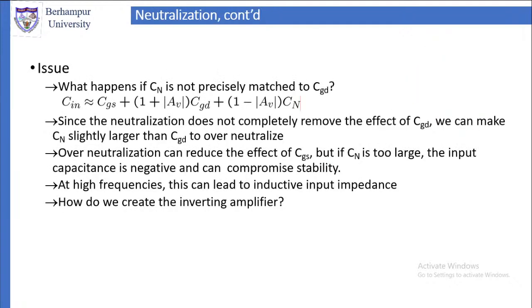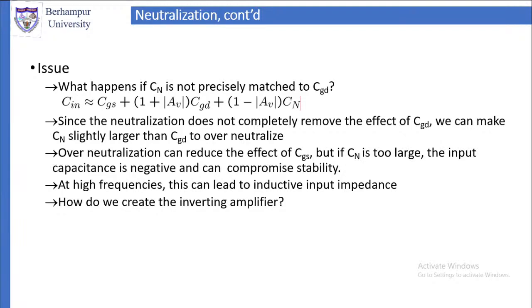Now what are the issues in neutralization? The issue is what happens if Cn is not precisely equal to CGD. In this case, Cin is approximately equal to CGS plus (1 minus AV) into CGD plus (1 minus AV) into Cn.